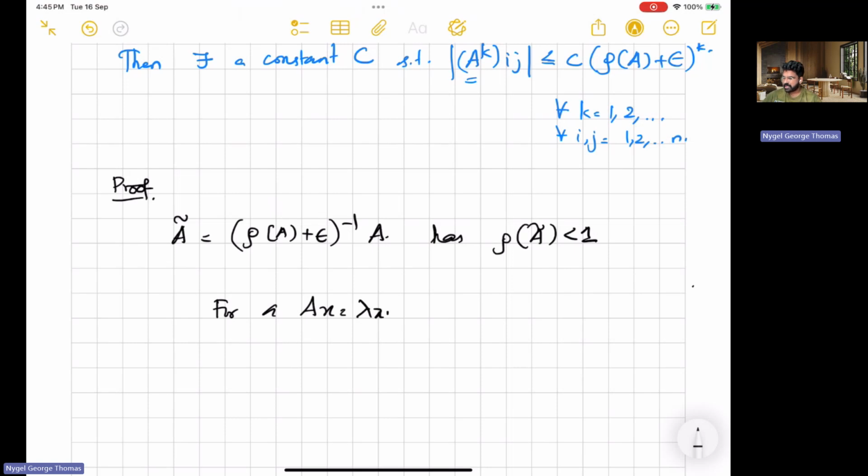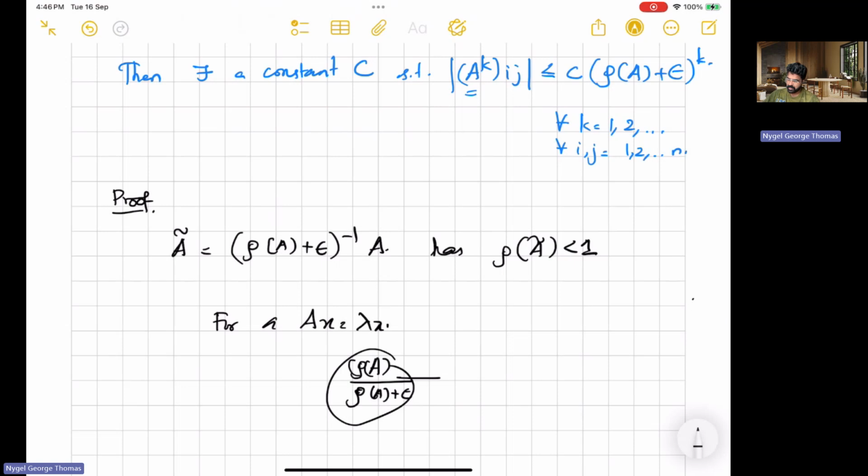Let's say rho A corresponds to lambda. Then if we multiply this by 1 over (rho A plus epsilon), rho A divided by (rho A plus epsilon) is a value which is greater than 0, and this value will be less than 1.